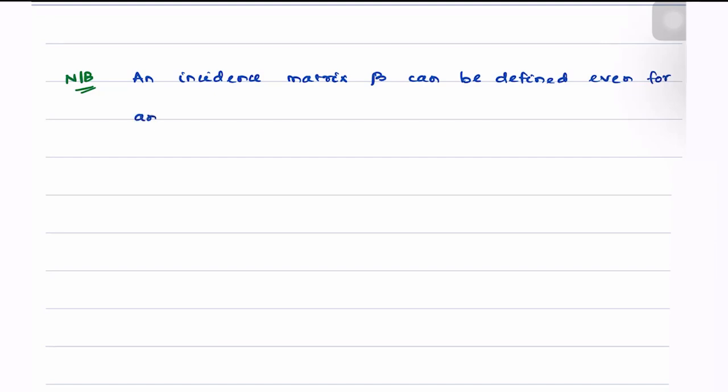we'll first start by writing a very interesting aspect about the incidence matrix. Note that an incidence matrix B can be defined even for an undirected graph.